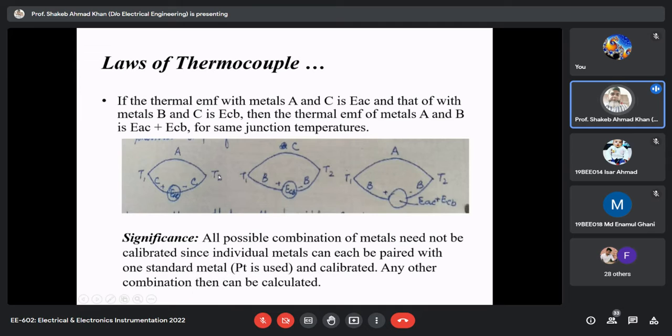Now, if we are having output of these two for certain junction temperature, obviously your junction temperature remains same throughout, so for certain junction temperatures, if we take the combination A and B without the intermediate metal, then it will be equal to the sum of these two voltages. That is the law of intermediate metals. What is its significance? I'll let you know.